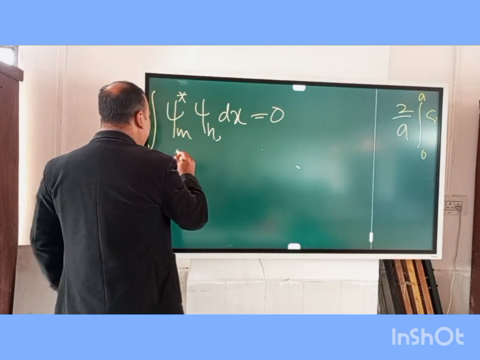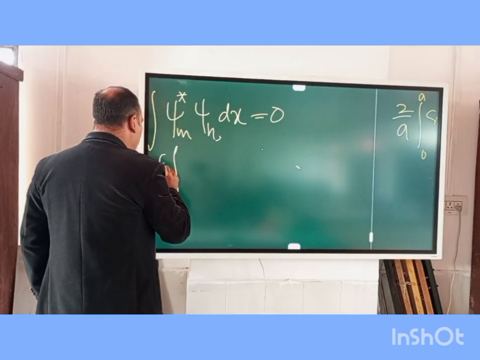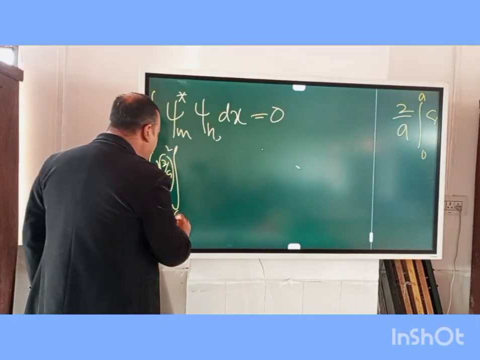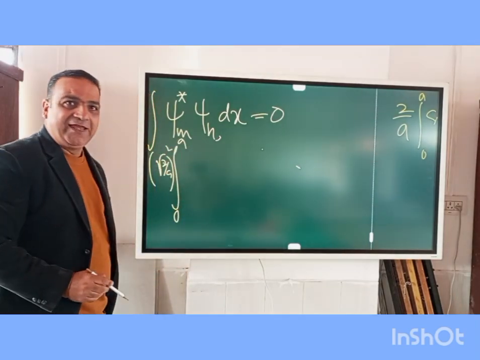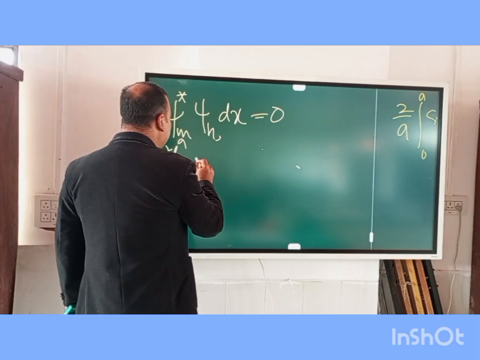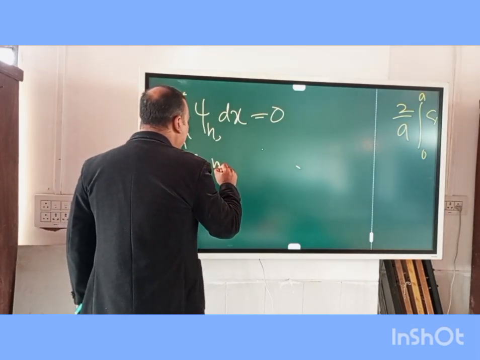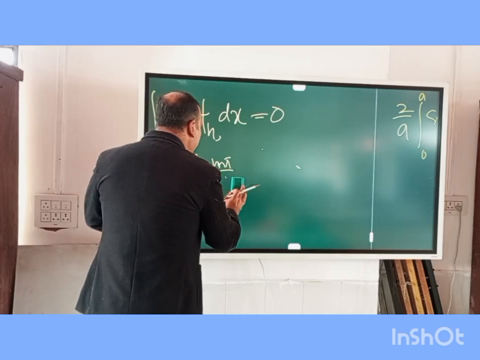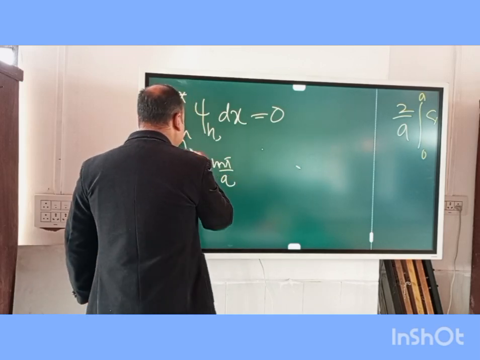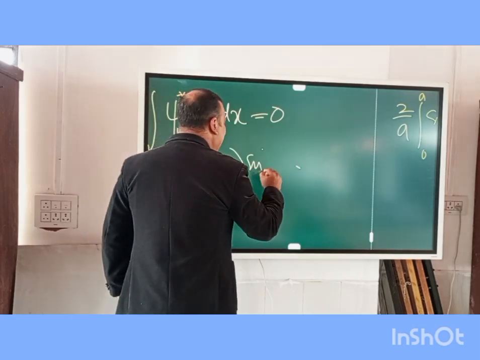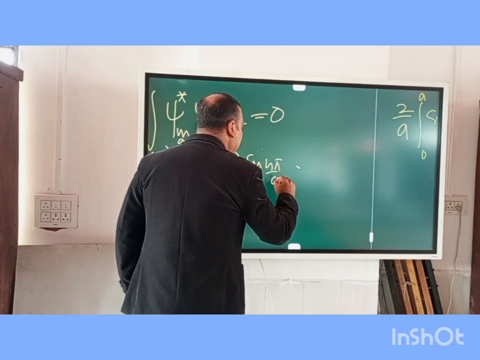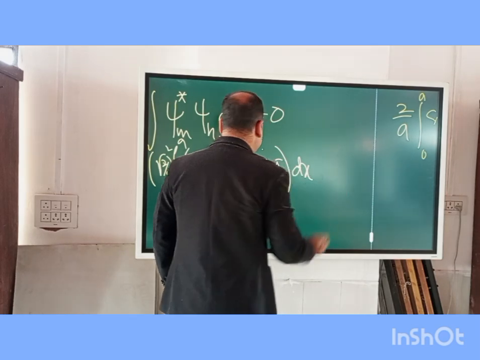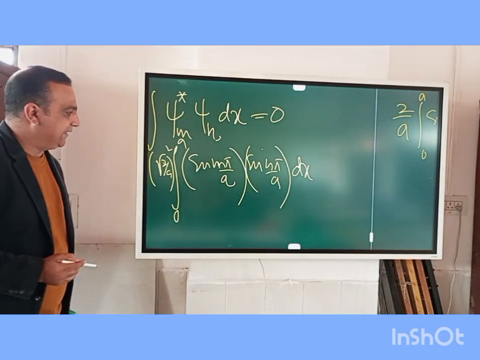So what should I write here? The square root of 2 by a, whole square, will be out. That's clear. The limits are from 0 to a. Then I will write sine m pi by a times sine n pi by a, and then dx. This is what I want to evaluate.